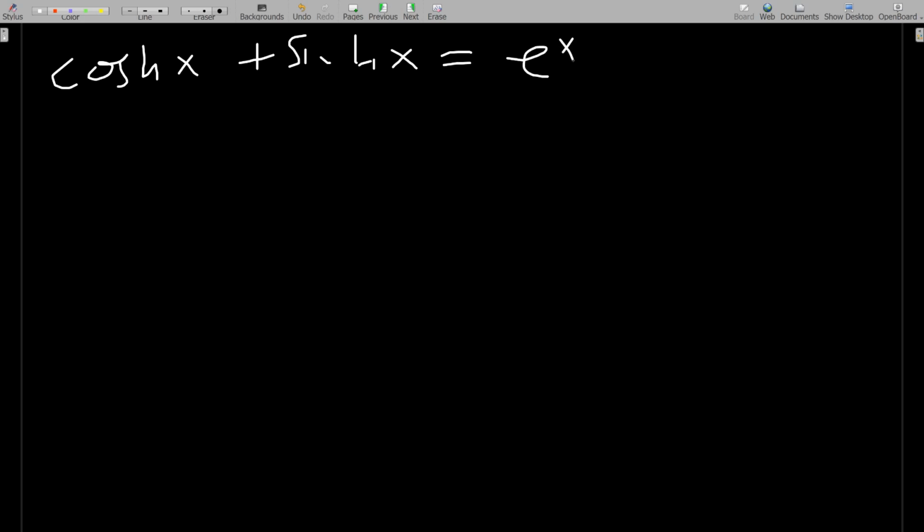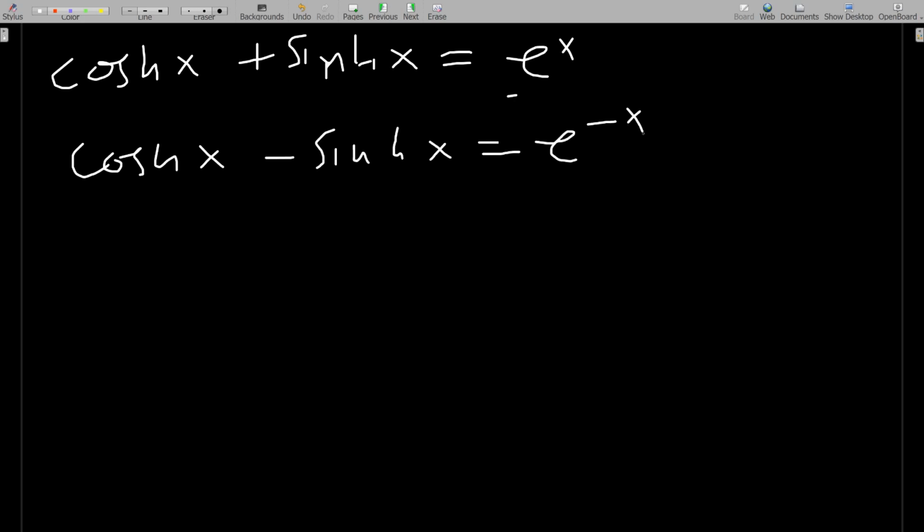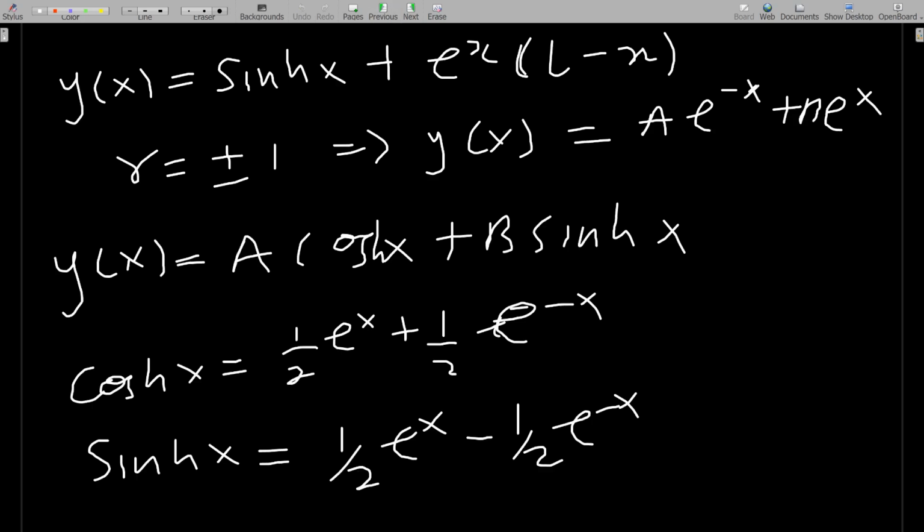I hope you get this. And now if you subtract the two, you get cosh x minus sinh x is equal to e to the negative x. Now put e to the x is this, and e to the negative x is this, back in.